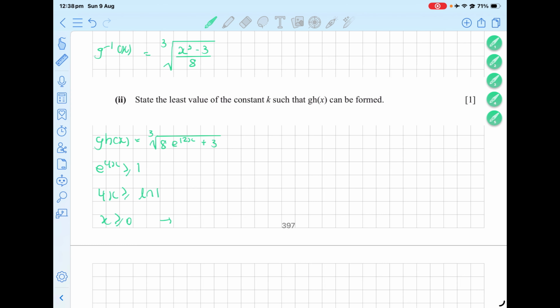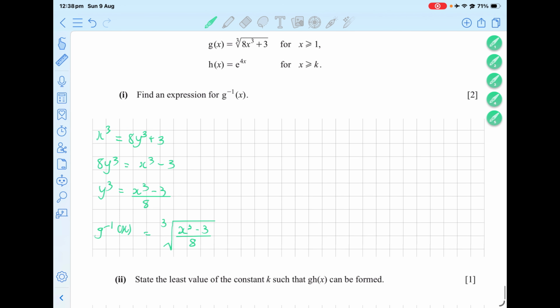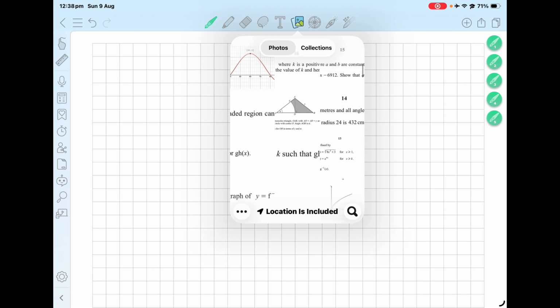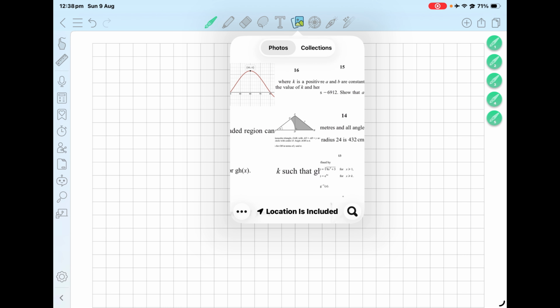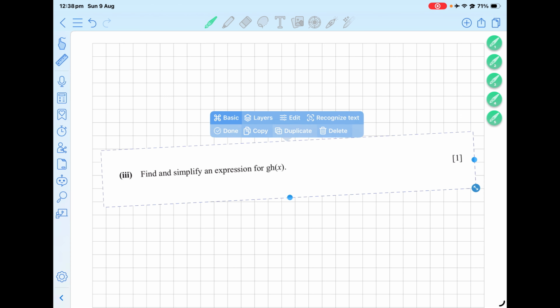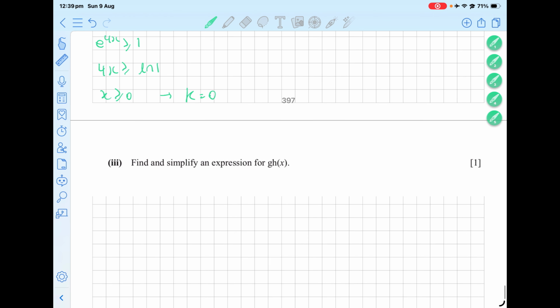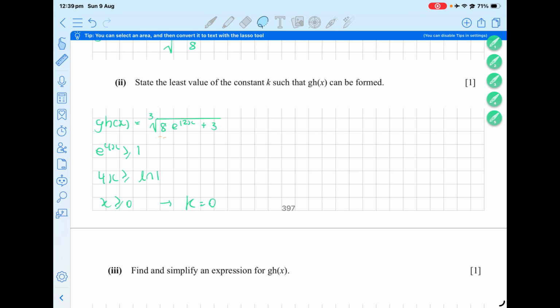So I could say k could be equals to 0 for it to be 1, so k is 0 basically. Again, find and simplify the expression. So basically this is g of h of x, by the way.